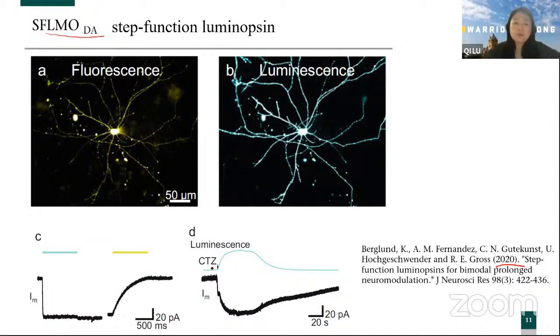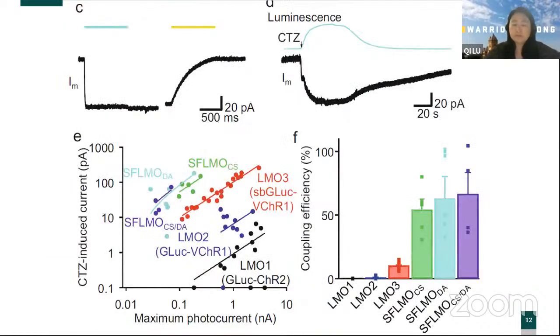In the other way, you can provide the substrate CTZ, and with the luciferase it emits fluorescent light of the same color as this stimulation, and you can also induce cation influx through this molecular device. So we can see here that this luminopsin can provide enough light intensity and photons to activate the same channelrhodopsin molecules.